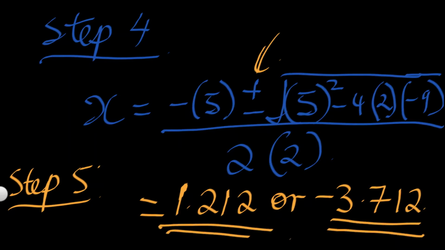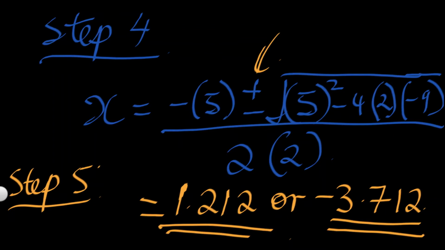That's it. I have solved this quadratic equation using the quadratic formula. So step number 1, write your quadratic equation in standard form. Step number 2, identify your a, your b, and your c. Step number 3, write your formula. Step number 4, substitute your a, your b, and your c into the formula.